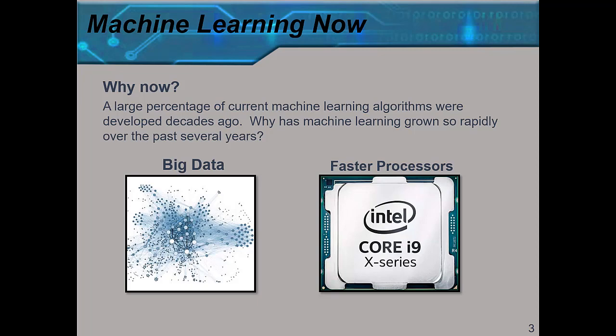So that is where we are now. We have the big data to train our models, and we have the processing speed in order to actually do all the calculations in a reasonable amount of time.